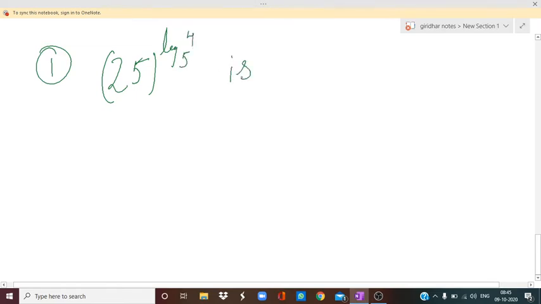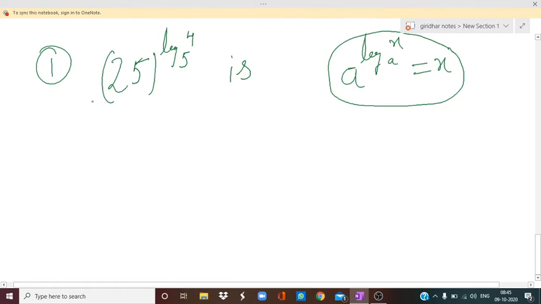Look at this, we have some problems, results. Suppose we have one problem: 25 to the power log 4 with base 5, what would be the value? First of all, this we will relate with a to the power log x with base a, and we know this is x. So here this is 25 and this is 5.